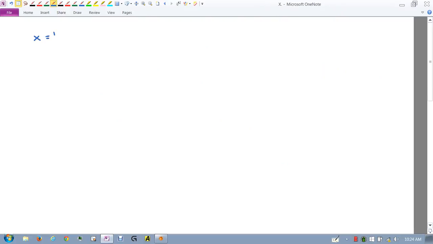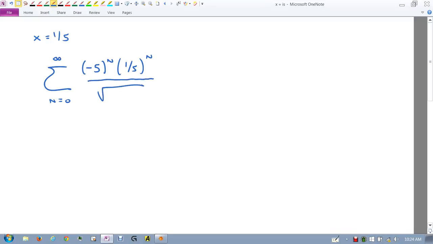So if x is positive 1/5, negative 5 to the n, 1/5 to the n, all over square root of n plus 1. What does that turn into? Negative 1 to the n, right?